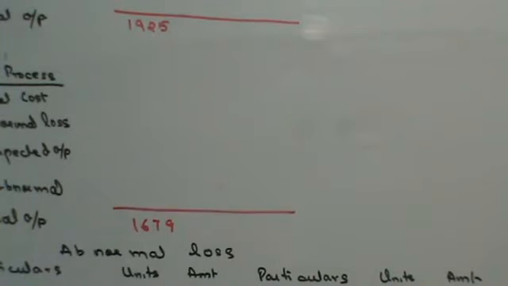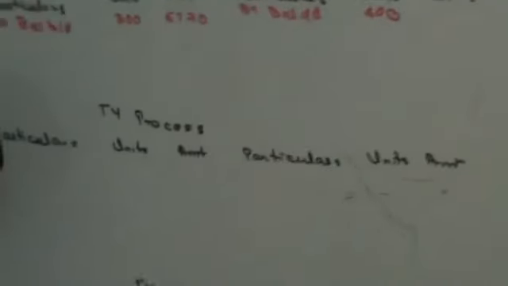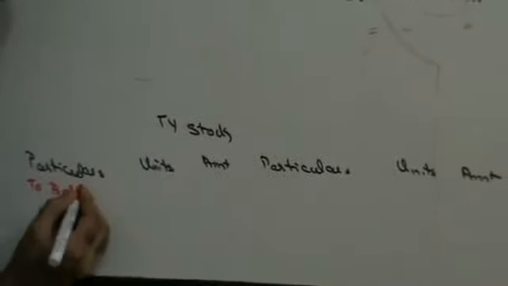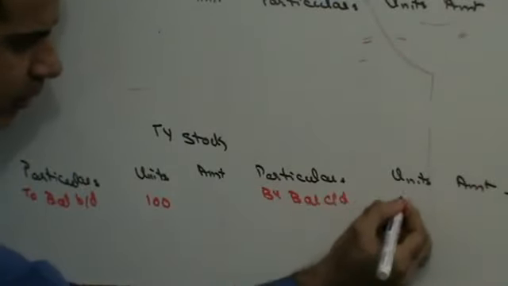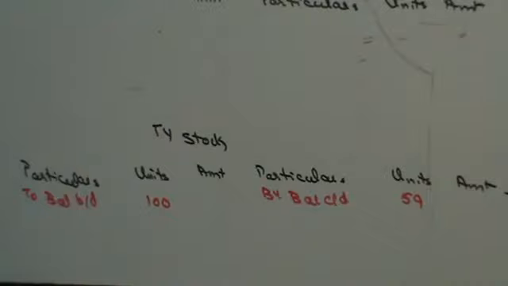For TY process stock, balance brought down is 100 units, balance carried down is 59 units. Normal loss is given to you as 8%.